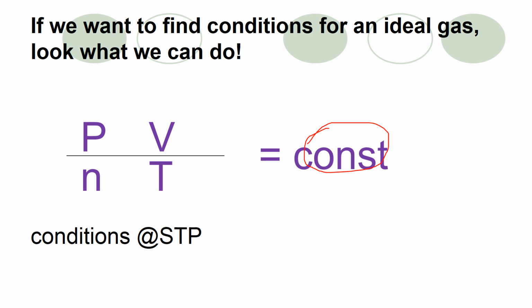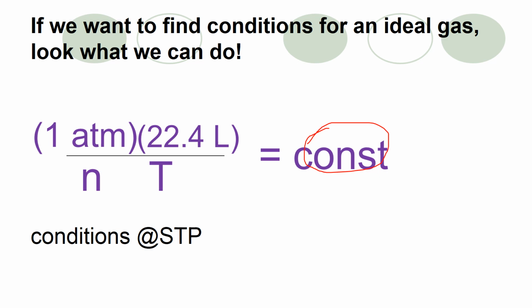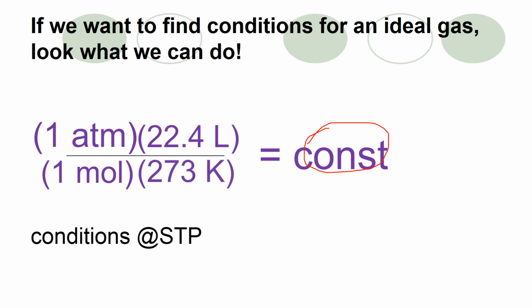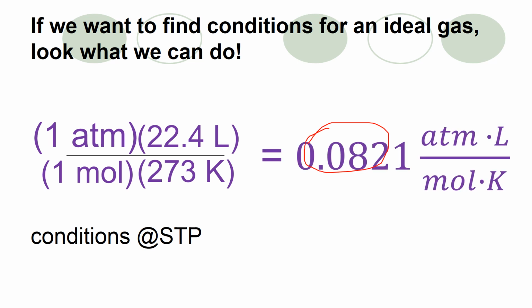So let's do that. We'll substitute in 1 atmosphere for pressure, 22.4 liters for the volume, 1 mole for the moles, and 273 Kelvin for the temperature. And when we do that, we get this number, 0.0821 atmospheres liters over moles Kelvin.